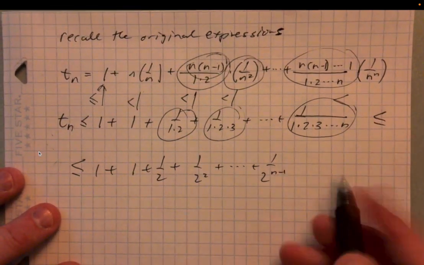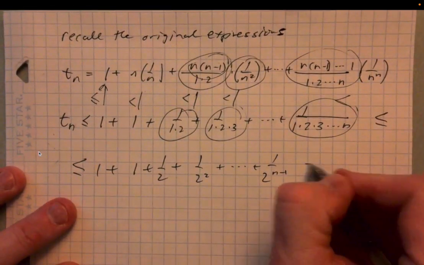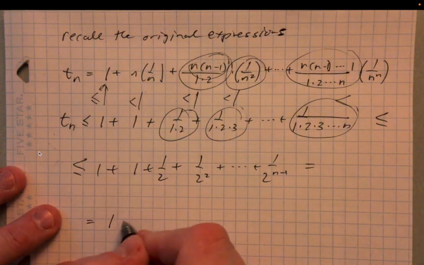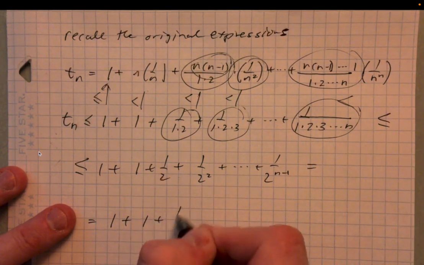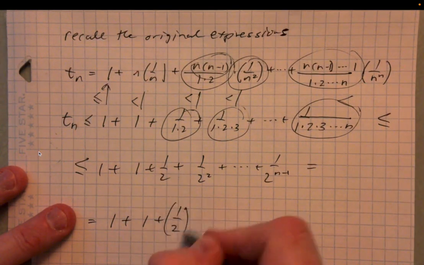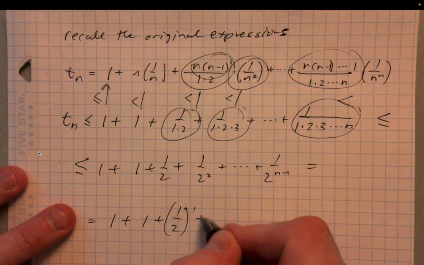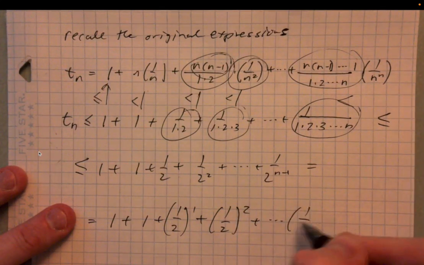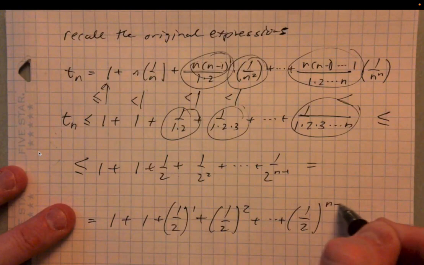Okay, right? And what is this? Well, you can think of this as 1 plus 1 over 2 to the first power plus 1 over 2 squared plus dot dot dot plus 1 over 2 to the n minus 1.